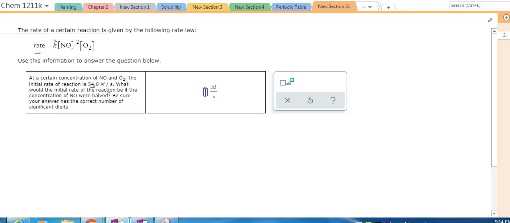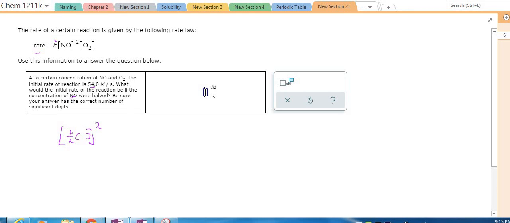It gave us that if the concentration of NO were cut in half. Well, if it was cut in half, let's just think about this for a minute. Whatever that concentration is, then that is going to be squared.